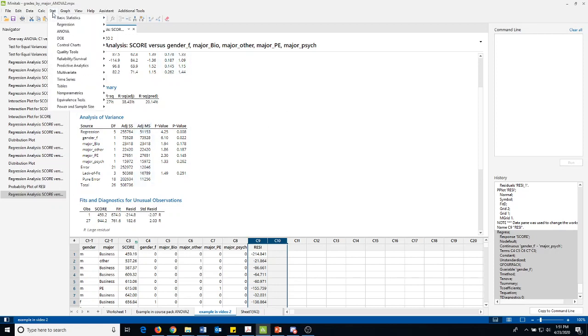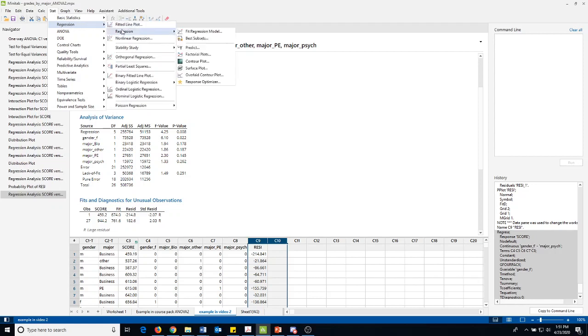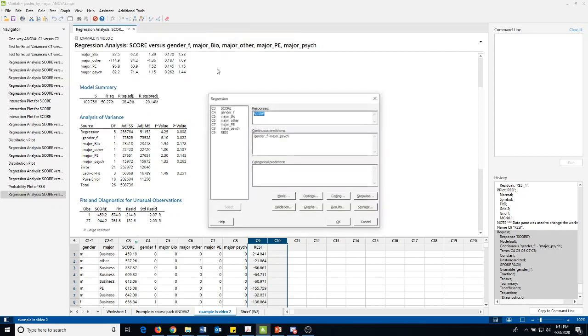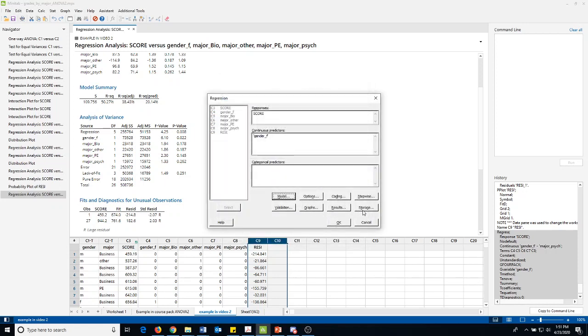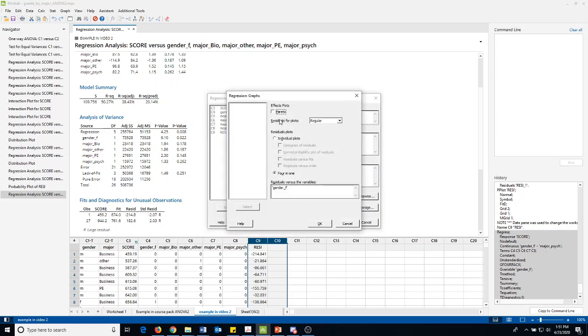And then let's go ahead and run our reduced model. What we're saying is we're going to get rid of everything but gender. We're getting rid of the majors. And while I'm at this model, I better do some storage and graph our residual plots, so let's take the residuals versus the variables.